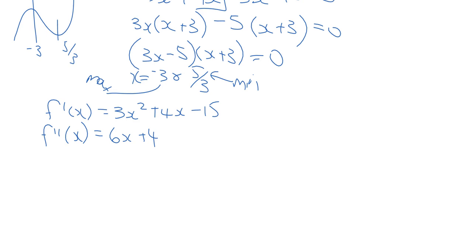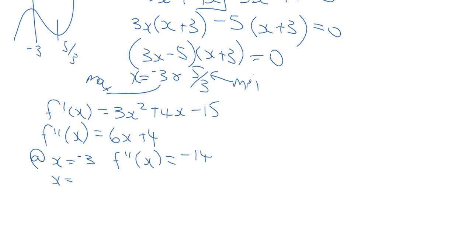So that's the gradient function of the gradient function. Sounds confusing now. But at x equals negative 3, f double dash x will be negative 18 plus 4, which is negative 14.